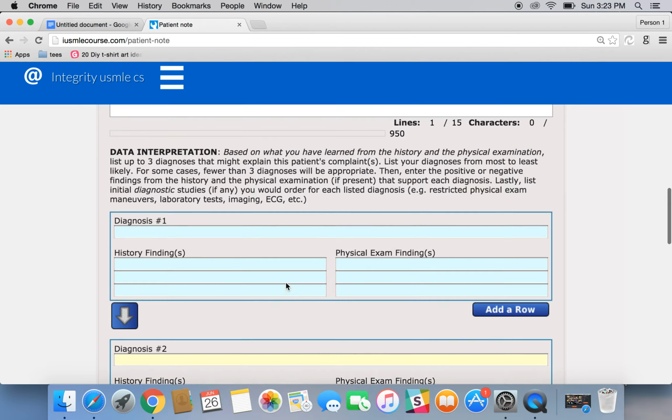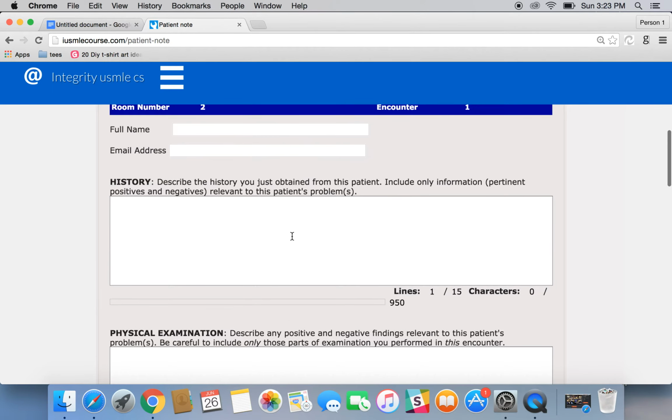I'll go next to the history part. For the history, most people like to use the common mnemonics. The most popular mnemonic is QUORA, and you might want to add something in front, DPF, to make it a little more complete, where you have the duration, progression, frequency.